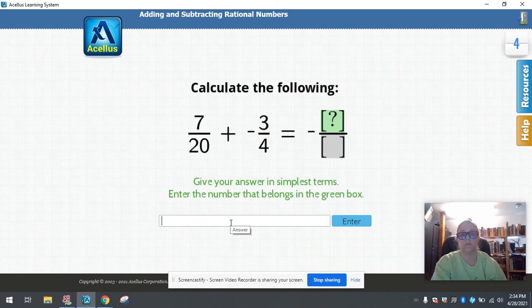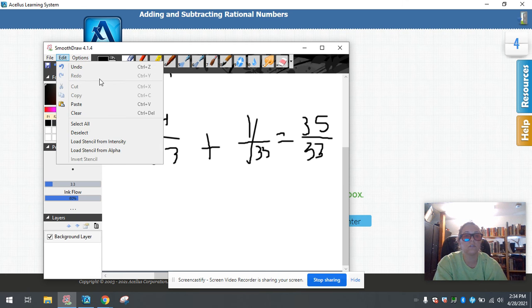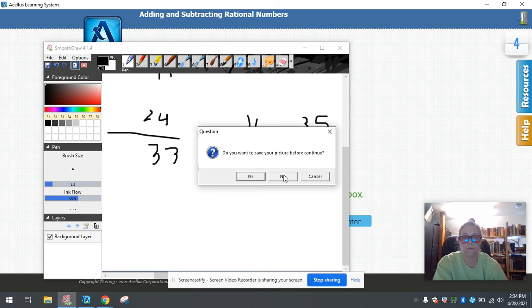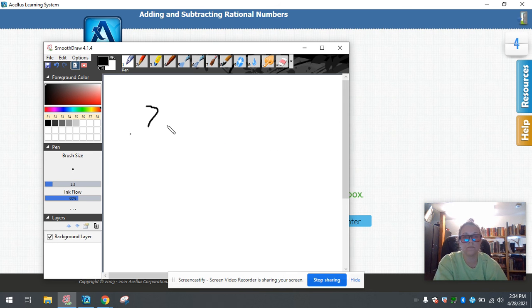7/20 plus a negative 3/4. Ooh, that's a 4.